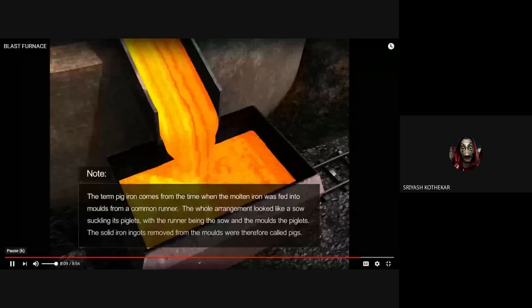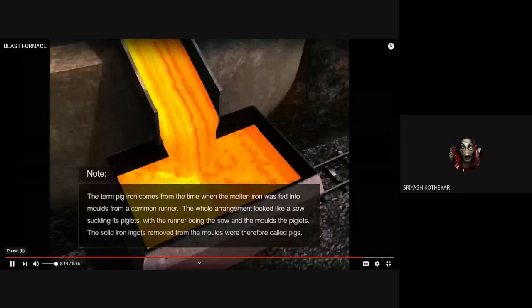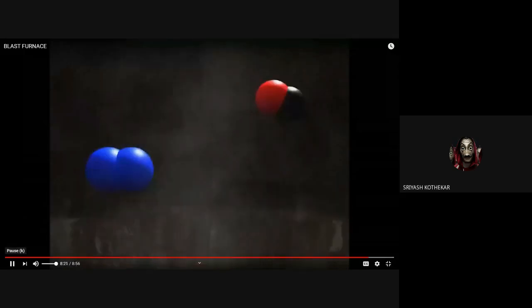Note the term pig iron: when fed into molds, the arrangement looks like a sow with her piglets, with the runner being the sow and the molds the piglets. The solid iron ingots removed from the molds were therefore called pigs. The unused carbon monoxide is also used. So this is all about the extraction of iron. So this is the end of this video.